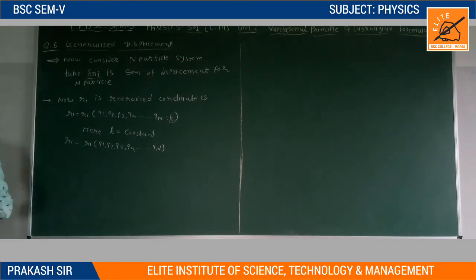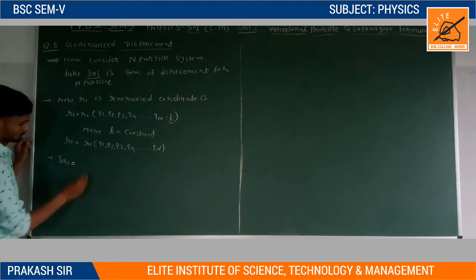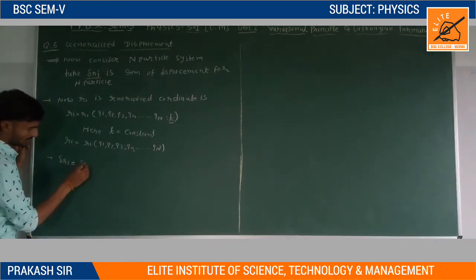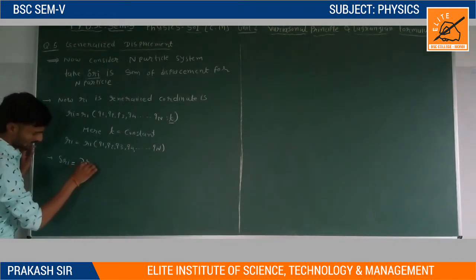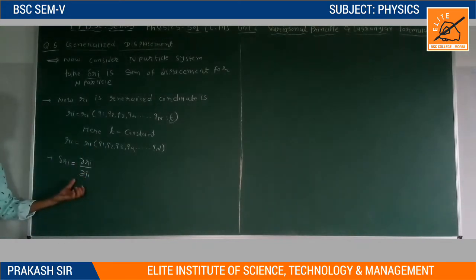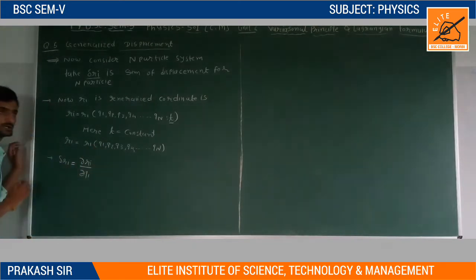Now taking the derivative of this equation, del Ri is equal to del Ri by del Q1 into delta Q1. So this is the partial derivative, and this is the total derivative.